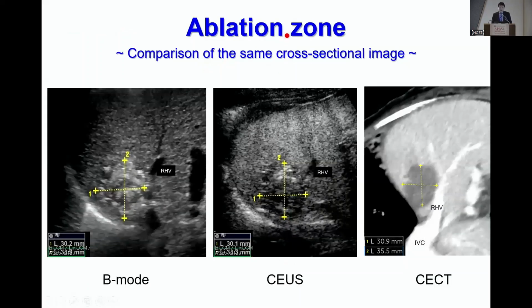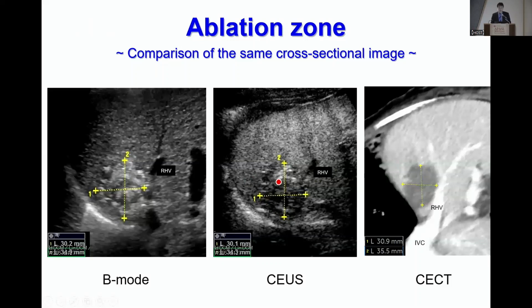You can see the ablation zone compared on the same cross-sectional image. The left side is the B-mode image, showing the ablative hyperechoic zone measuring 30 millimeters by 34 millimeters.